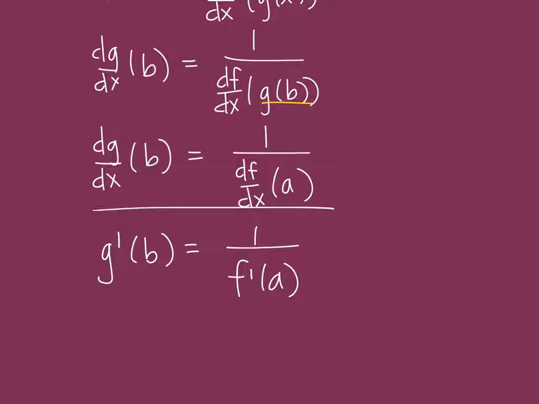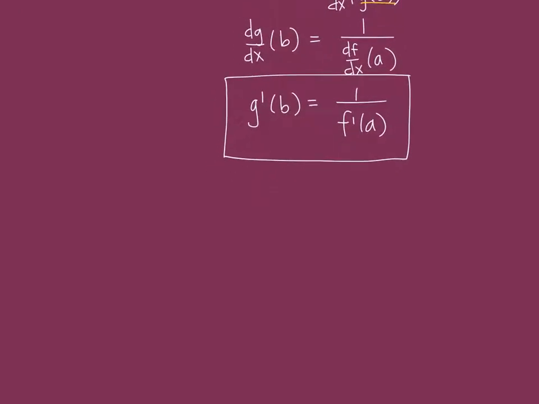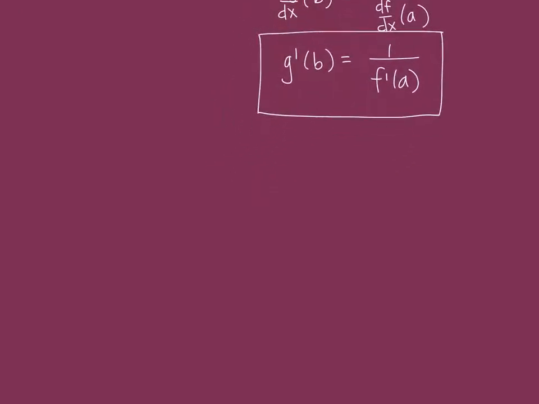And that is the development of the formula for the derivative of the inverse of a function. So let's keep that in mind, and let's try an actual question. Let me show you how that works. You don't have to develop it every time, but that is the development, aka the proof.